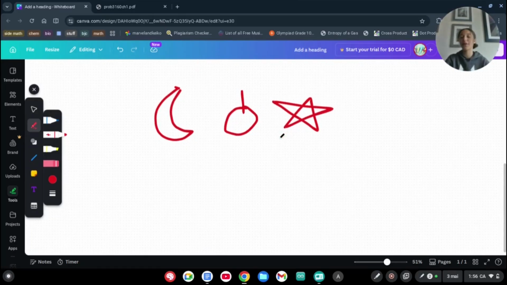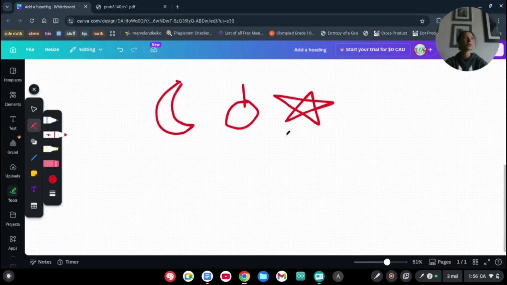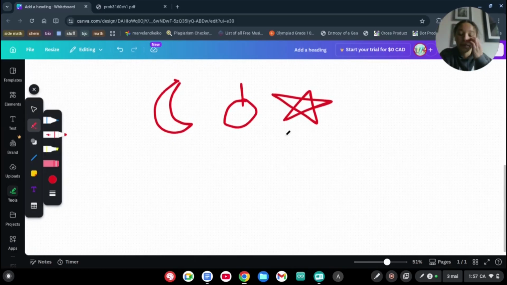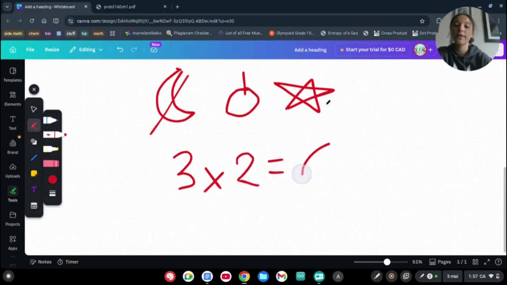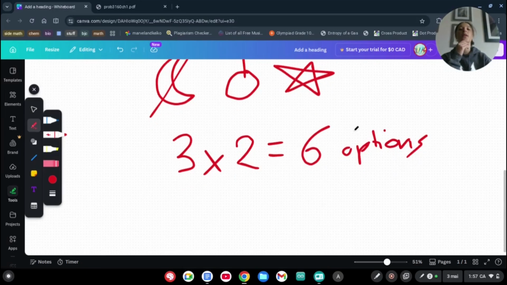And you want to know how many groups of 2 you can make from these 3 fruits, right? Let's do the same analogy. For your first option, you could pick any one of the 3 fruits, right? And then let's say I had picked the banana, I would only have 2 options left, right? And so in total, I would have 6 options. 6 groups, right?